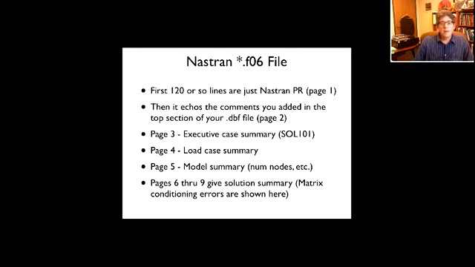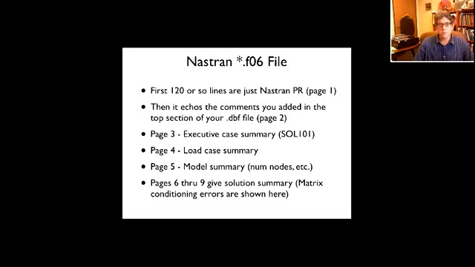Pages 6 through 9 give you a summary of how the solution went. We won't talk too much about this, but one of the big things that introduce error into finite element problems are so-called matrix conditioning issues. If your matrix is poorly conditioned, maybe you have inappropriate boundary conditions or highly distorted elements, it's going to result in element conditioning problems.